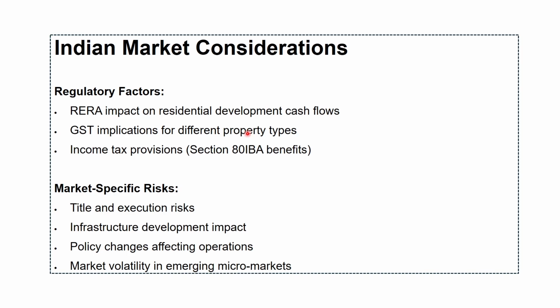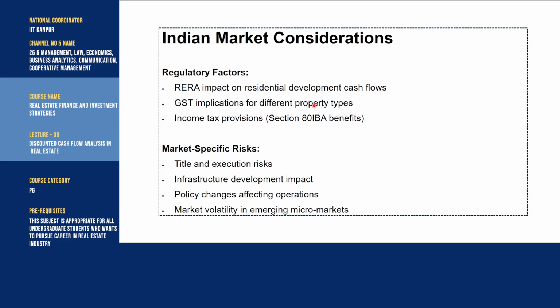And then market specific risk factors that should be reflected in the discount rate include title risk, which is higher in certain markets due to land record issues; execution risk from delays in permits and approval that can significantly impact development timelines; market volatility with cyclical patterns varying across different micro markets; infrastructure development impact, where planned projects can dramatically affect the property value; and policy changes that create risk of regulatory modification affecting property value or operations.